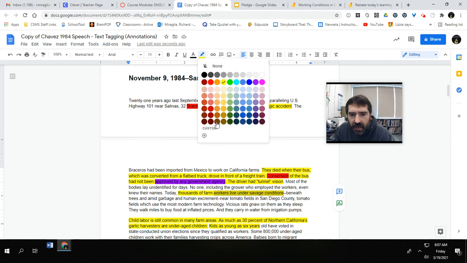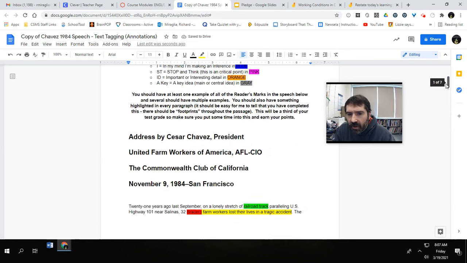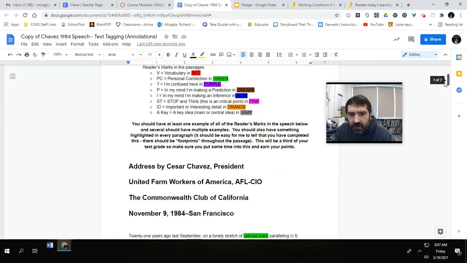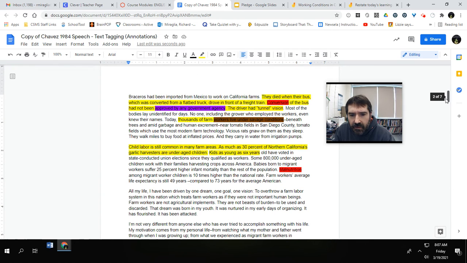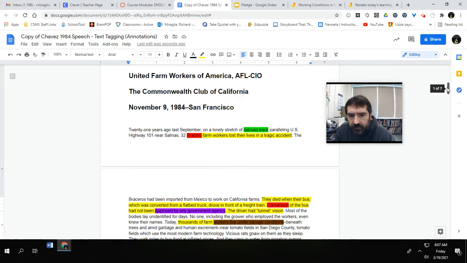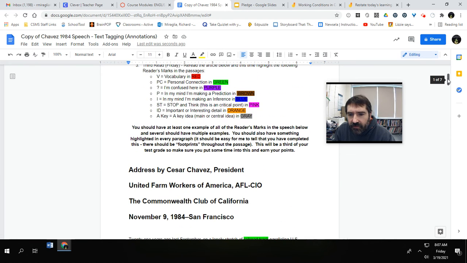Now, you don't need to have all 5 reader's marks in each paragraph. I'm going to do that, making an inference where you put everything together. It's really tough to find an inference in there, so I might not do that there.